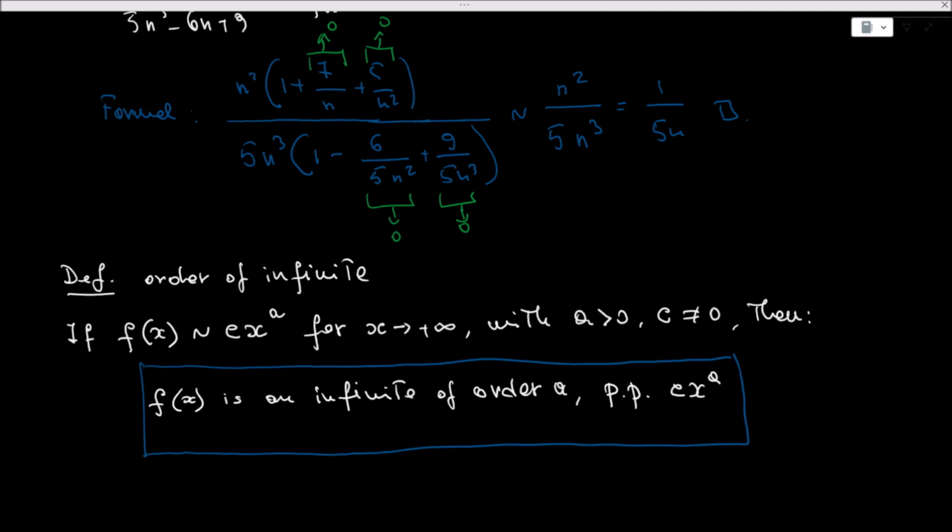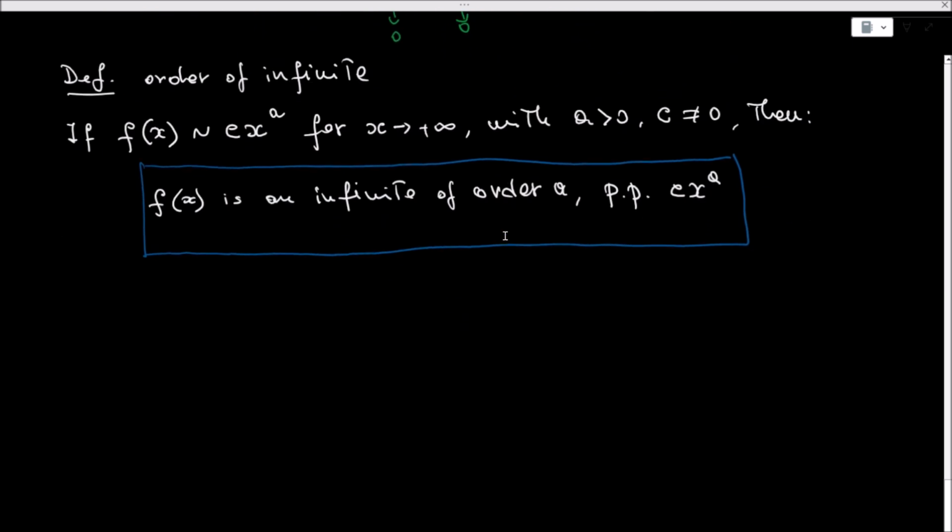For example, if c is positive, cx to the a will go to plus infinity. If c is negative, cx raised to the a will go to minus infinity. It doesn't matter. In any case, we say that f of x has order of infinity a because it goes to infinity as fast as cx to the a.